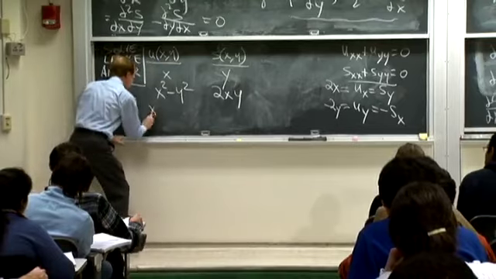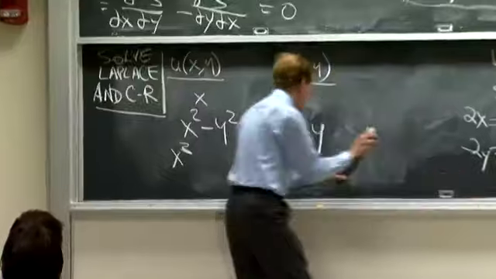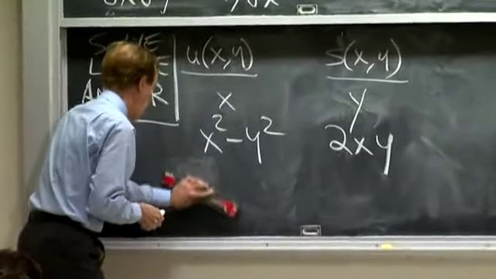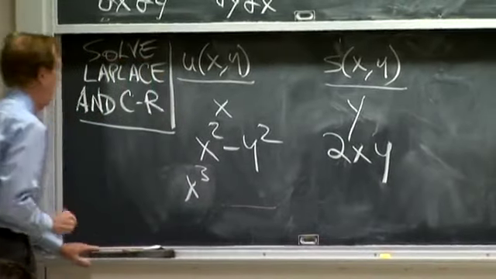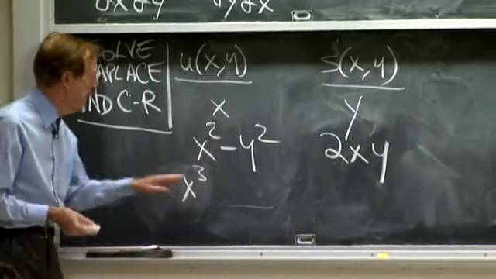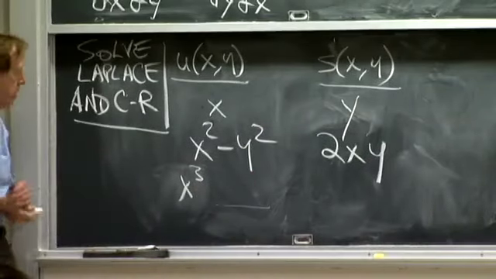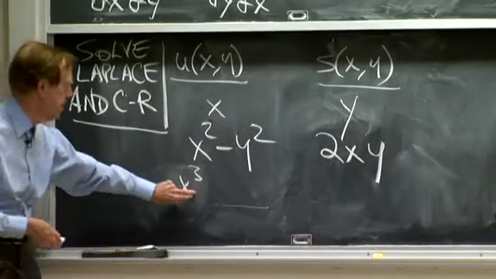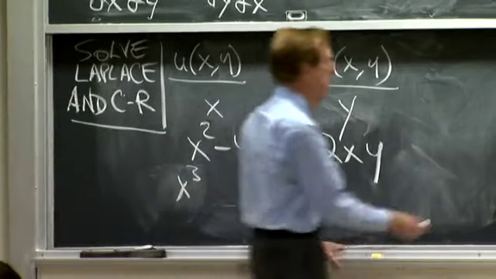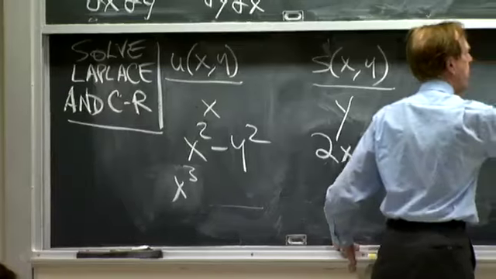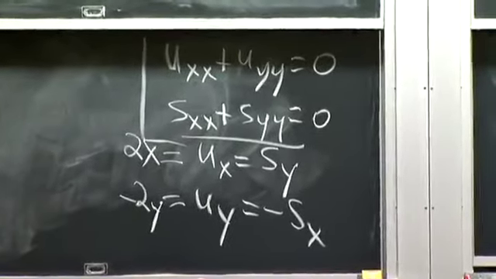So it's some x cubed, and then I'm going to need some more stuff, because x cubed by itself certainly won't work. I need something more, and I want to plug it into Laplace's equation and figure out what it should be. So let me do Laplace's equation over here to try to get the u of degree 3.